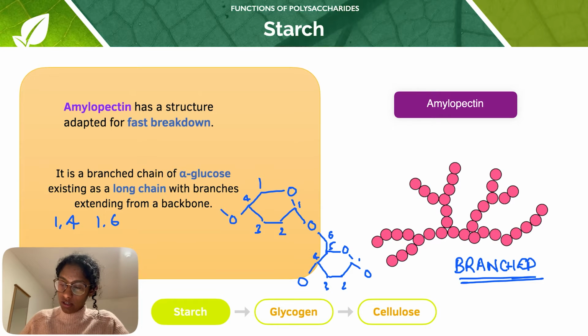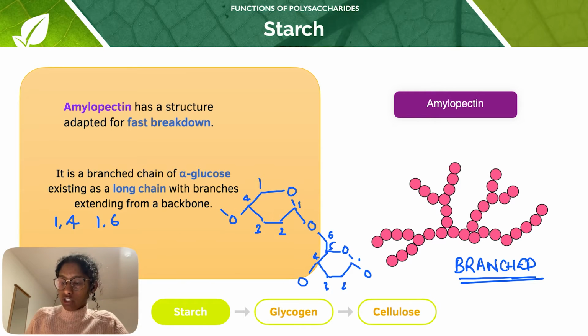So you can imagine if there's further alpha glucose molecules in this chain coming off from here in this 1-4 position, so it's just coming off in a straight line, and there's also other 1-4 glycosidic bonds in this chain here.